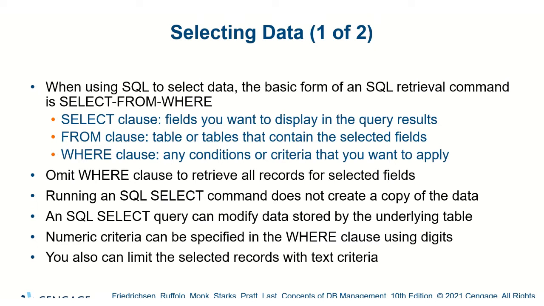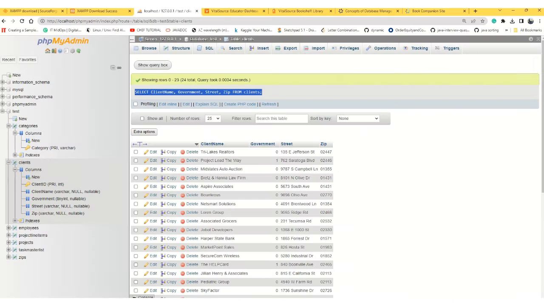Now, if you don't put a where clause, that means you are retrieving all records for the selected fields. If you impose a where clause, you can filter your output result. Let me give you a very quick example. Say you want to show the clients that are government clients.